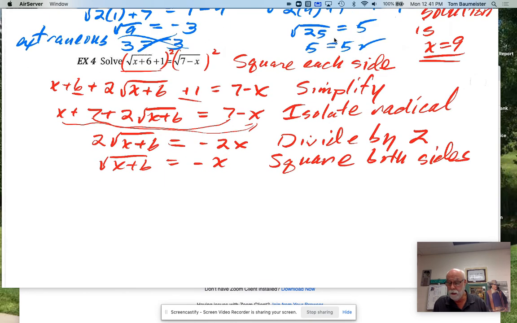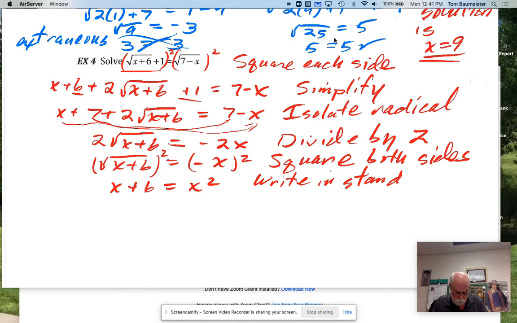So this side here, I'll get x plus 6. And on the other side, negative times a negative is a positive, and so I'll just get x squared. So again, we're going to write in standard form. I'm going to take the x over and the 6 over and set it equal to 0. So I'll get x squared minus x minus 6 is equal to 0.